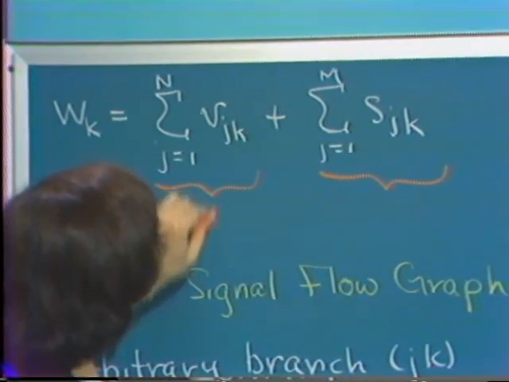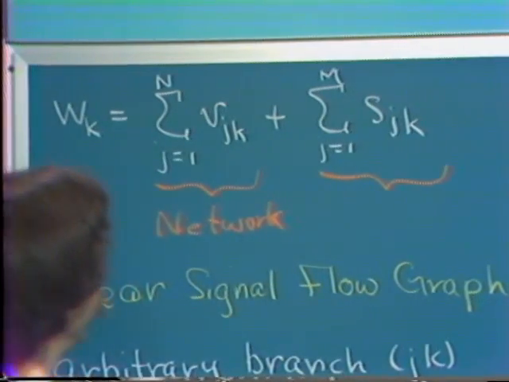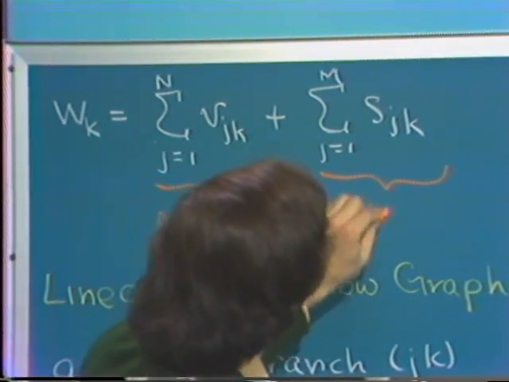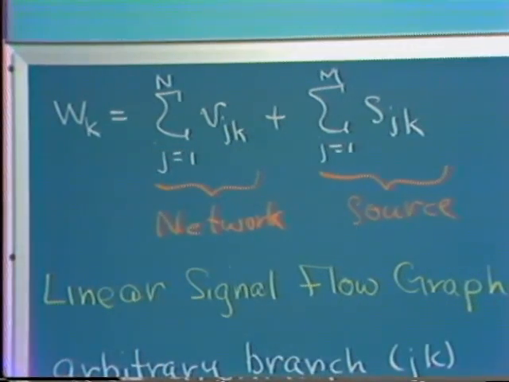So this corresponds to the output of the branches from the network nodes, and this corresponds to the output of the branches from the source nodes.